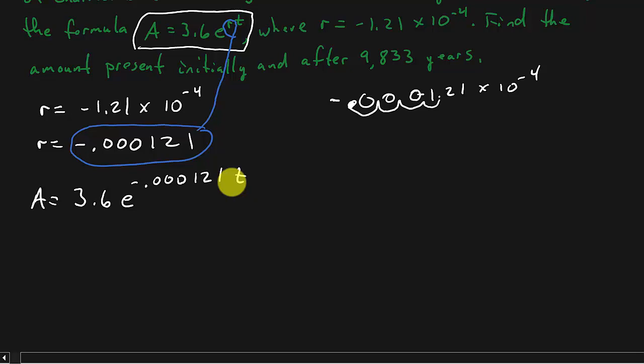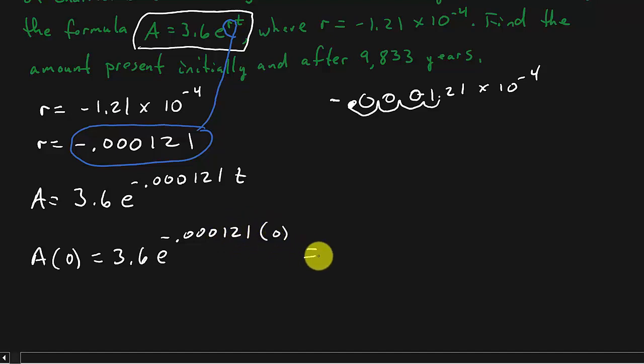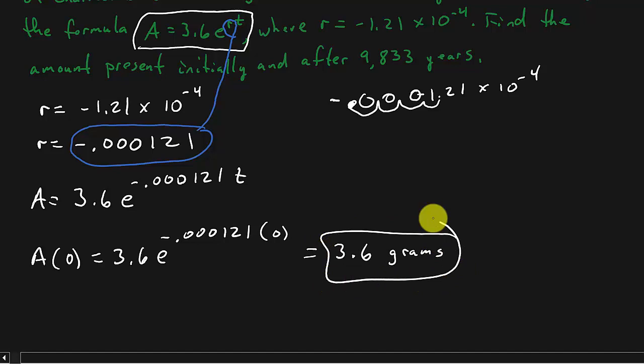Remember, t is the number of years. So A of 0 is equal to 3.6 e to the negative 0.000121 times 0. Well, this is e raised to the 0. Anything raised to the 0 power is 1, and 1 times 3.6 is 3.6, and that is grams. And so that's the amount present initially. This right here is answering that part of the question.